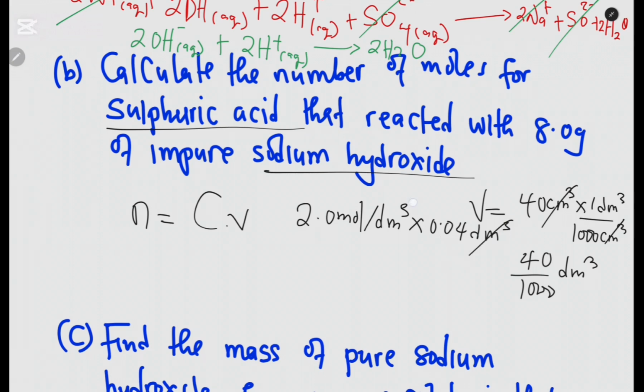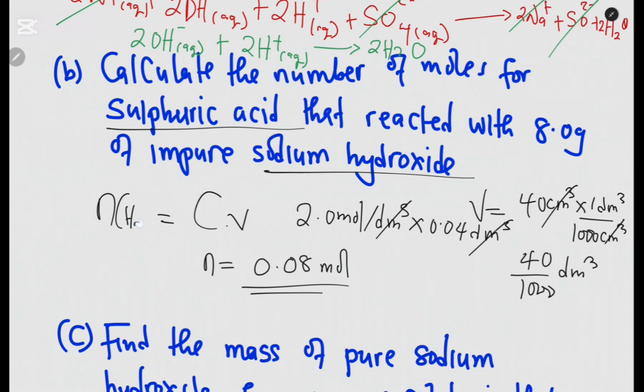So if we are to multiply this, the number of moles of sulfuric acid, what is it going to give us? 2 multiplied by 0.04, it is giving us 0.08 mole. So this is the number of moles of sulfuric acid.